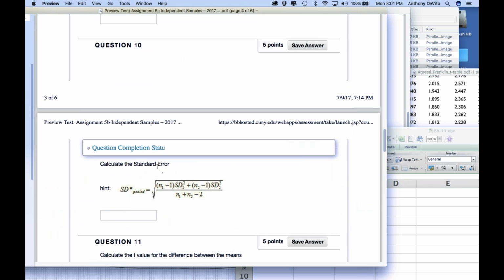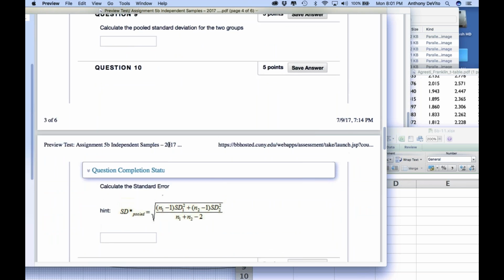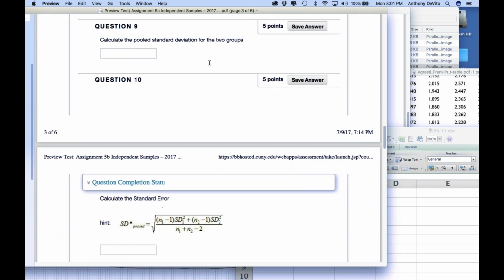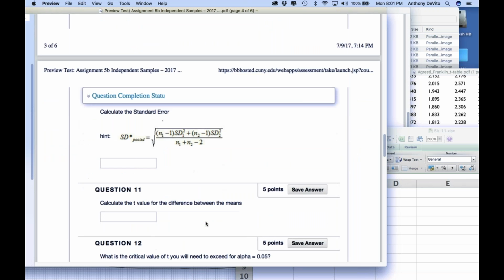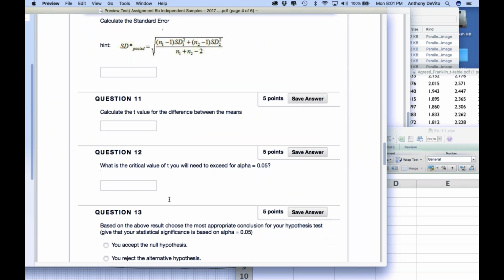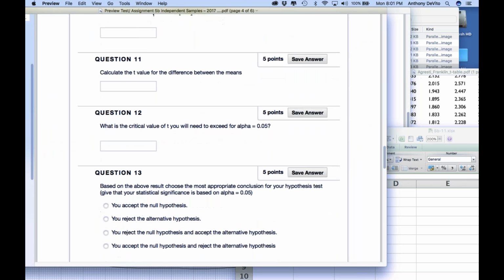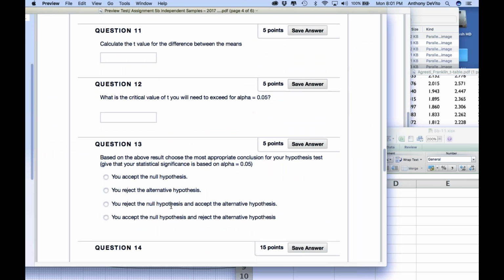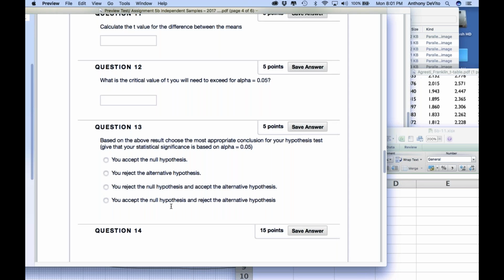Then calculate the standard error. Actually, this hint could have gone up into number 9 because it's the calculation for pooled standard deviation. Then calculate the t-value for the difference between the two means, and then compare it to the critical value of t to decide whether you can reject the null hypothesis.